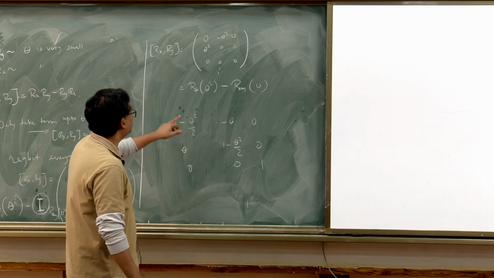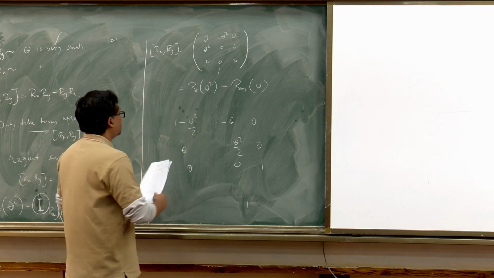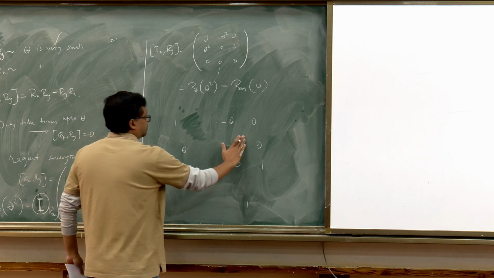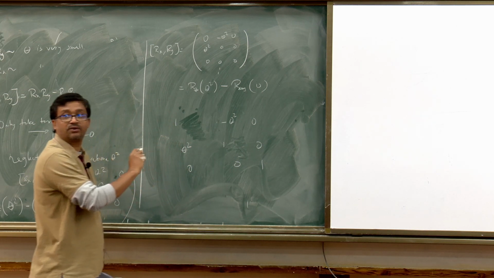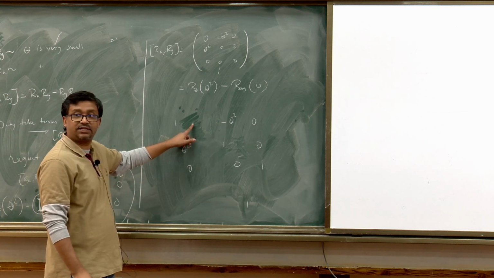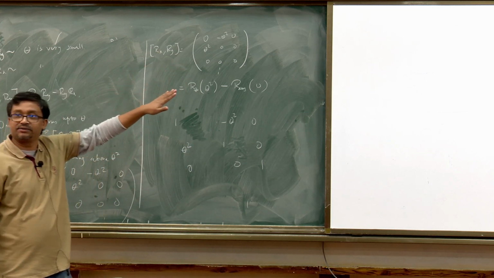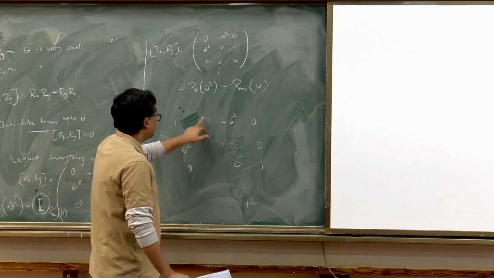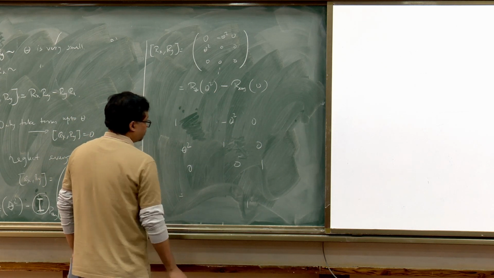Now what I am saying is that we will replace theta with theta square, which means that this term is gone now. This becomes theta square, this becomes theta square, because if I replace this with theta square, this becomes theta to the power 4, so we neglect that.